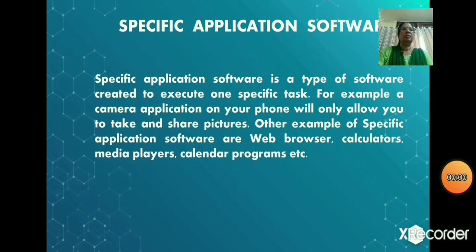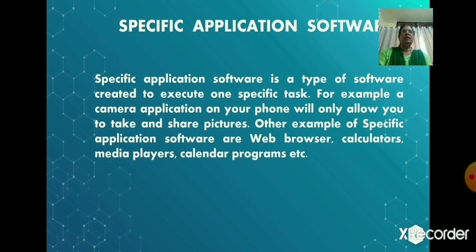Next, specific application software. Specific application software is a type of software created to execute one specific task. So specific application software packages are customized to meet the needs of a particular application.